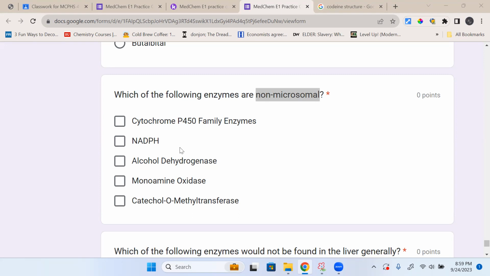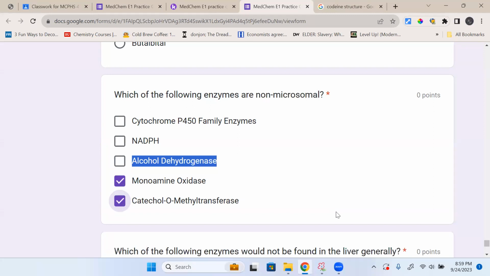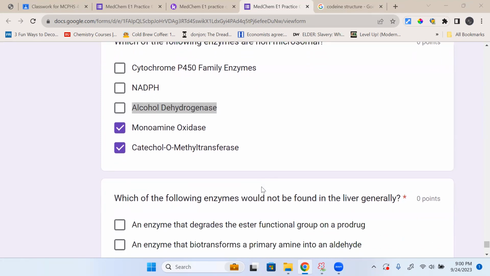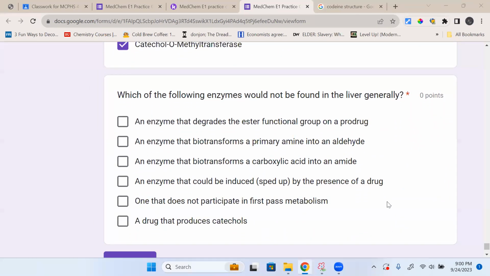So, except for that one, because that was not in your list of enzymes to care about, which one of these are non-microsomal? Exactly. Monoamine and COMT. Technically, alcoholic dehydrogenases as well, but I didn't realize at the time when I made this that it wasn't in your list. Even though it's such a fun one, right? Because it's the one that drugs inhibit, and then you can't drink alcohol anymore without throwing up.